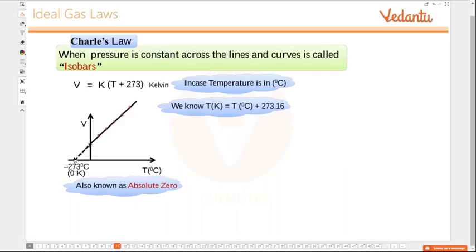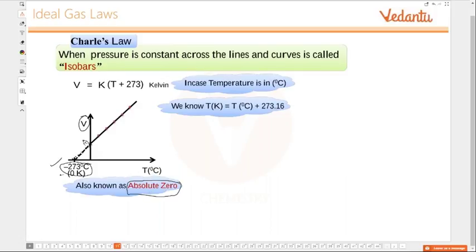When it comes to the point where volume is zero, it becomes -273 degrees centigrade. So this is the lowest temperature. We have not been able to attain this temperature. So this is the temperature at which theoretically the volume of the gas should be zero. Correct? This is called the absolute zero of temperature.